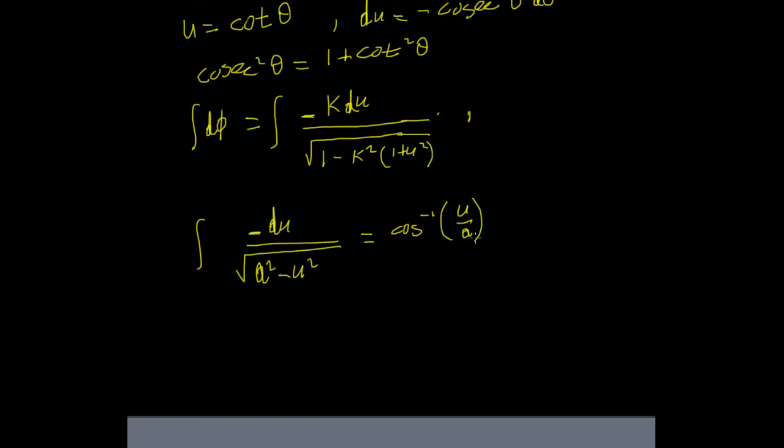Now in this instance here, a is going to equal root 1 minus k squared upon k.